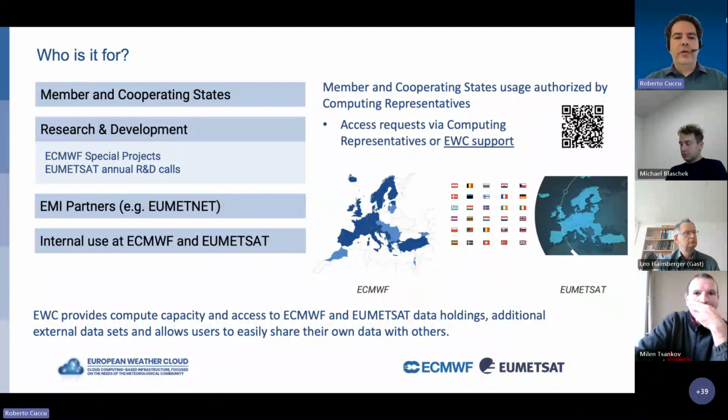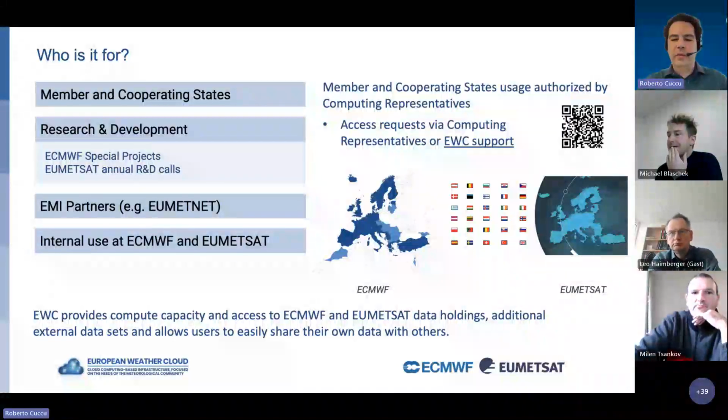Then we also support research and development activities in the context of the ECMWF special projects and the EUMETSAT R&D call. The cloud is also available to the members of the European meteorological infrastructure, including organizations such as EUMETSAT. And finally, it also serves the official duties of the two organizations, ECMWF and EUMETSAT.